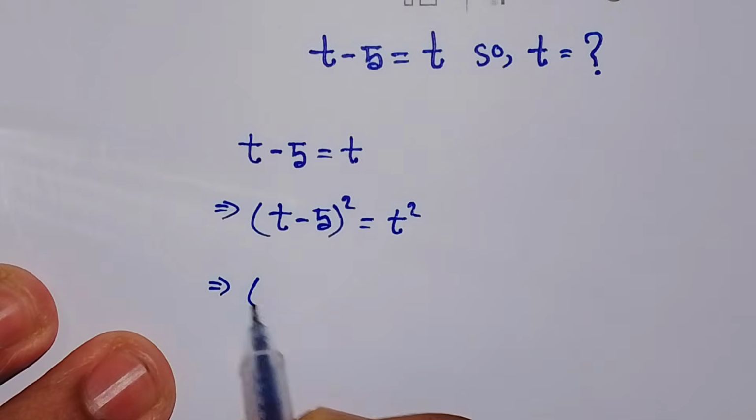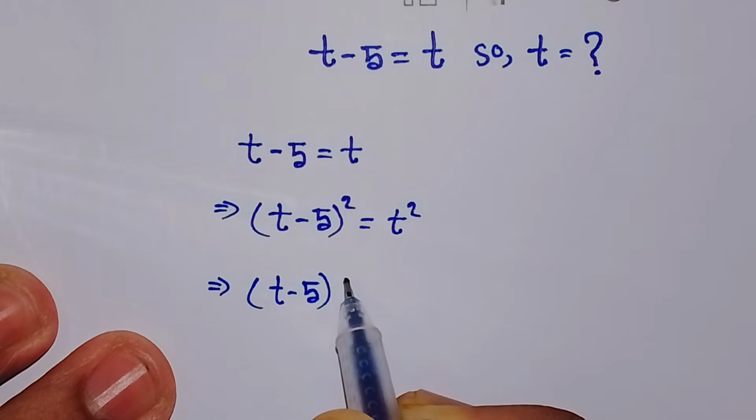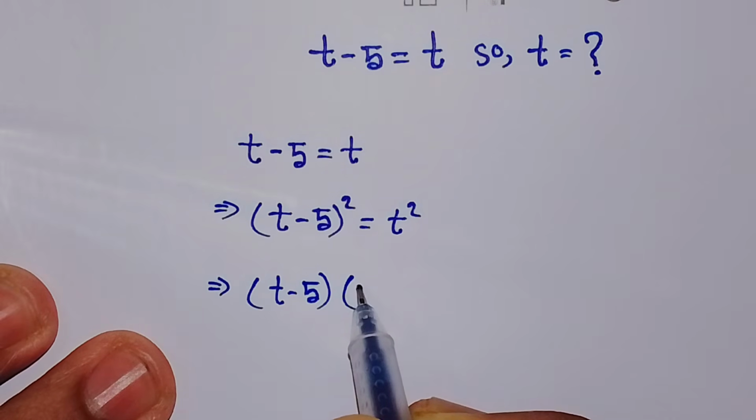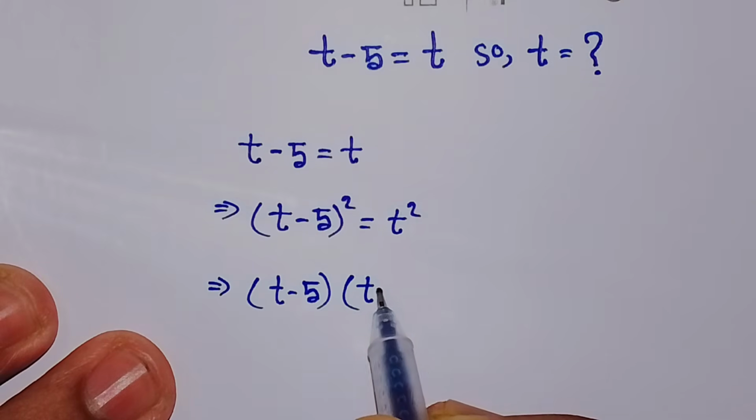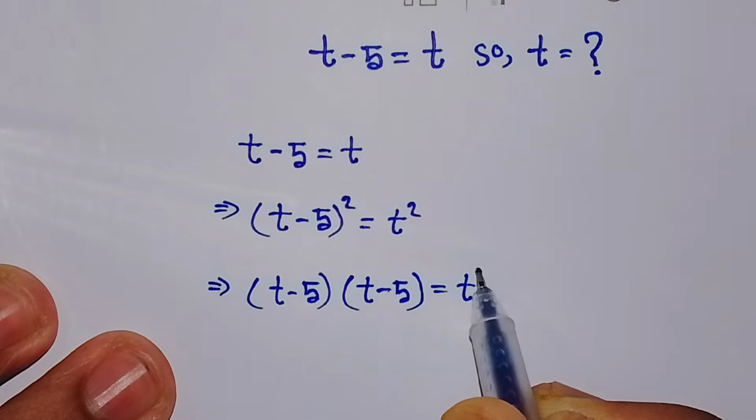Now (t minus 5) bracket, (t minus 5) bracket equal t square.